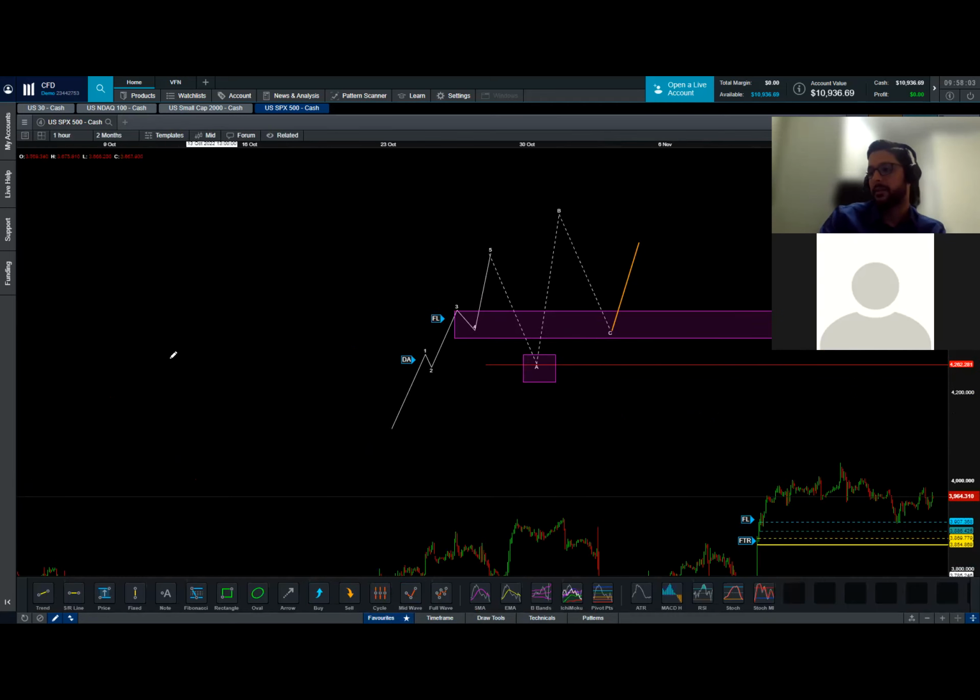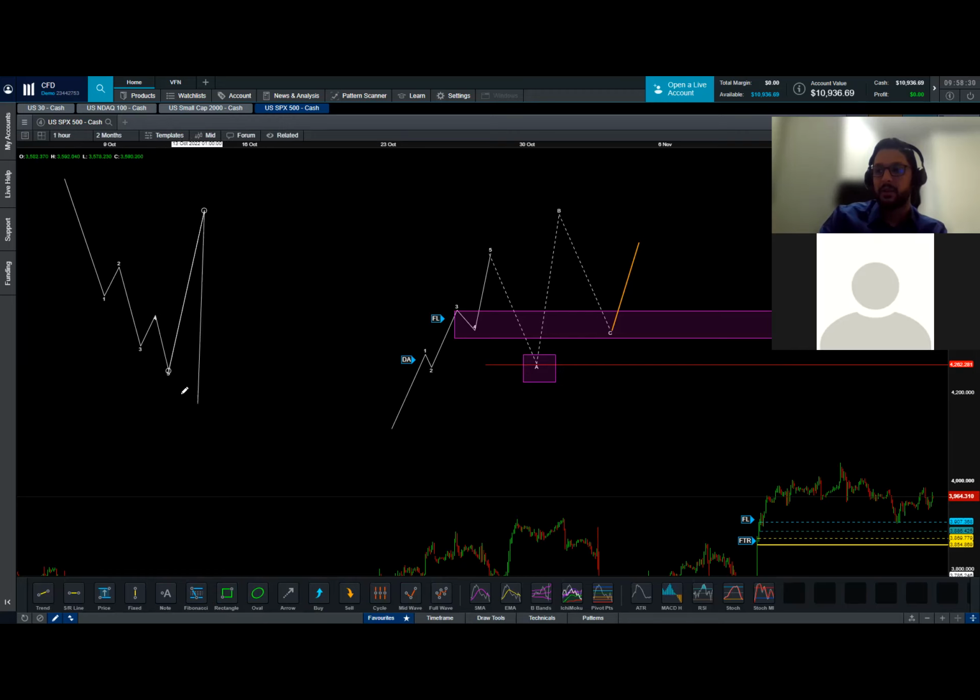So let's have this coming down, forming something like this. Okay, a very, very choppy, sloppy, exhaustive move. But suddenly the market goes all the way up. We call it a short squeeze. We see that one, right? And then coming down.